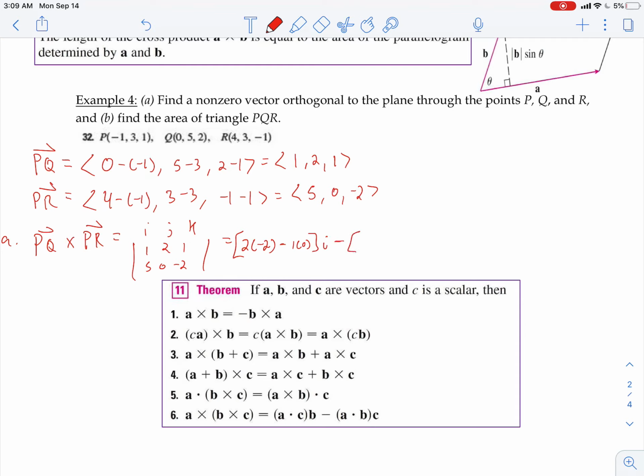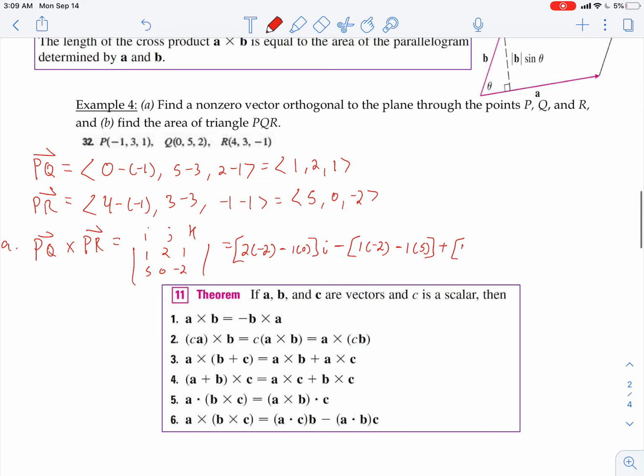And that's I. Minus 1 times -2 minus 1 times 5 is J, with the plus 1 times 0 inside. Then 1 times 0 minus 2 times 5 is K. And so this will give me the orthogonal vector.